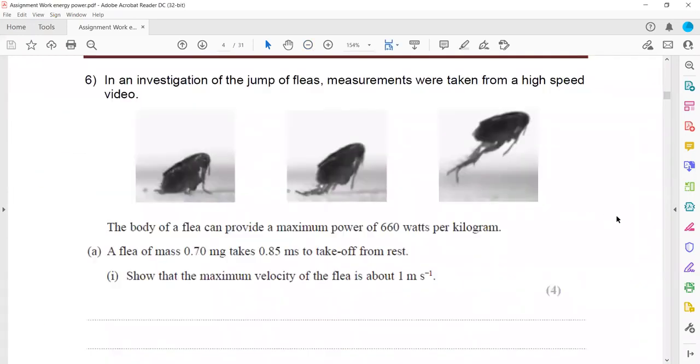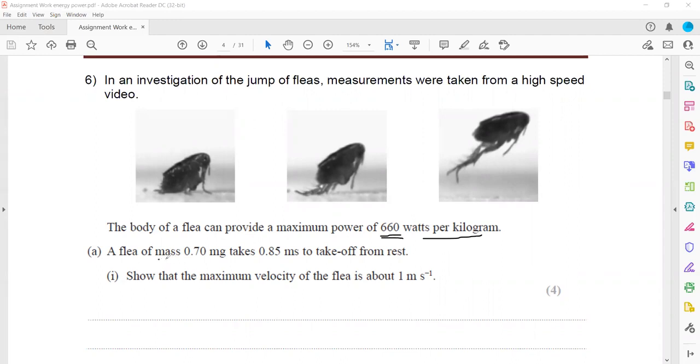In question 6, in an investigation of a jump of a flea, the measurements were taken from a high-speed video. The body of a flea can provide a maximum power of 660 watt per kilogram. Each kilogram it can provide a maximum power of 660 watt.